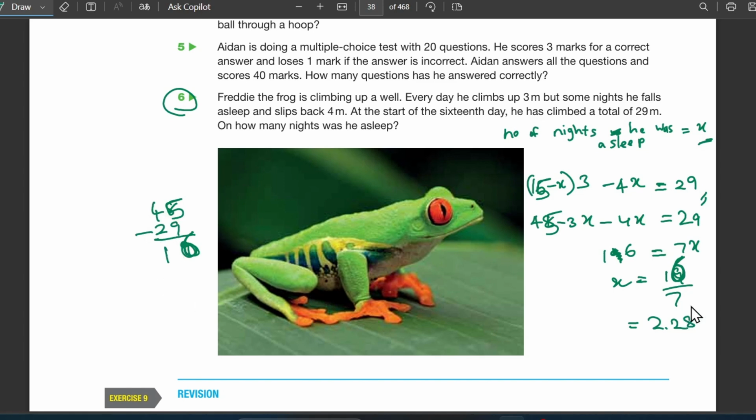Yeah. So I don't think this answer is correct. As I see, this equation is correct. Every day he climbs up 3 meters, but some nights, sorry. This is not correct.